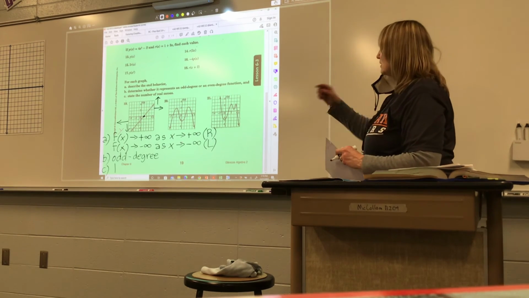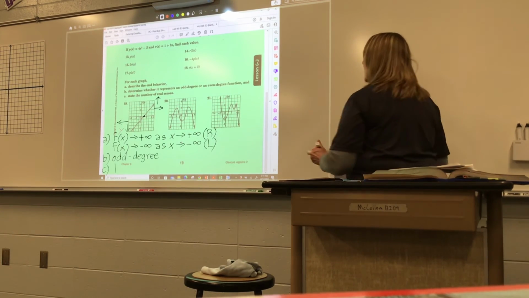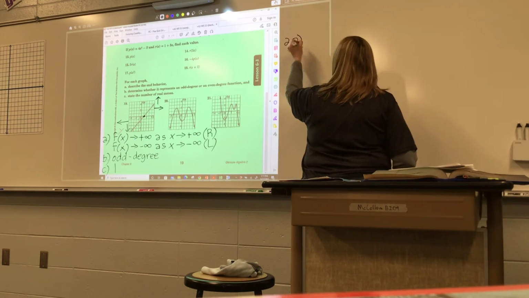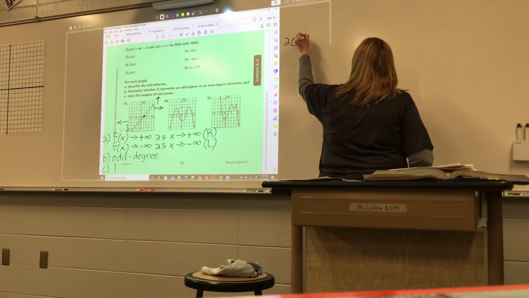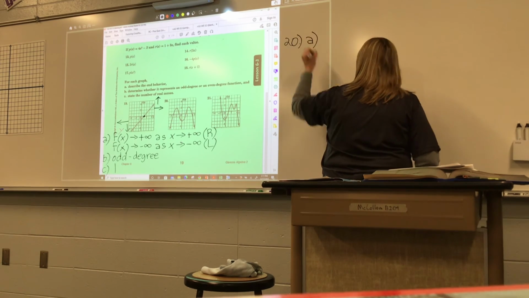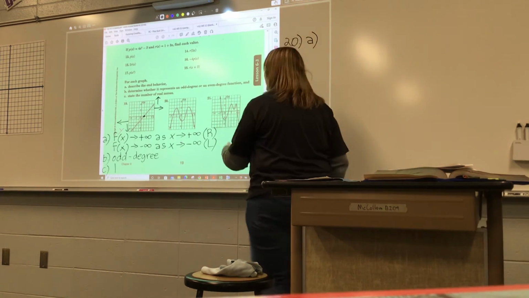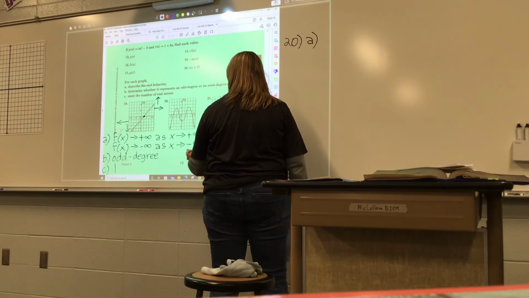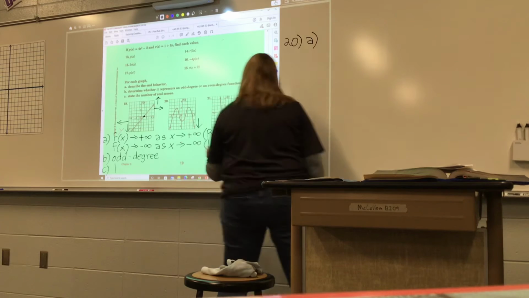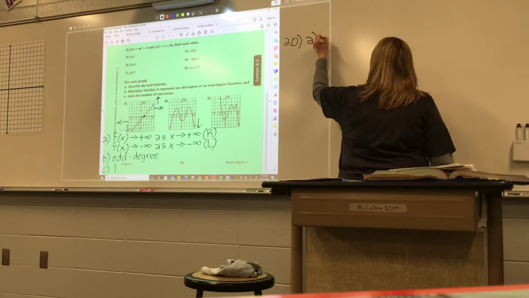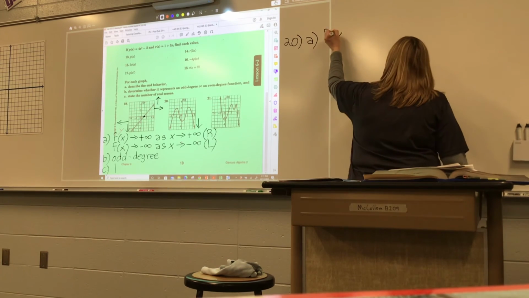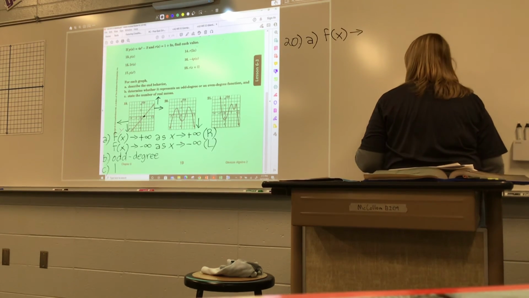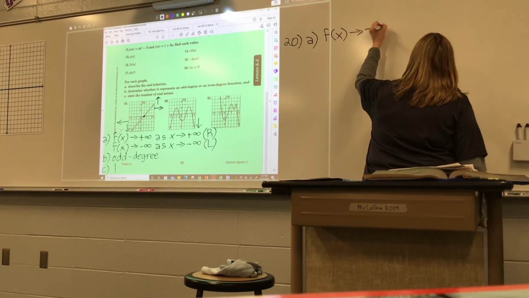Okay, so let's look at 20 part B. Let's do A first. So we'll look at the right end first. Is the right end rising or falling? Falling, so that means f of x or y is approaching positive or negative infinity. Negative if it's falling.